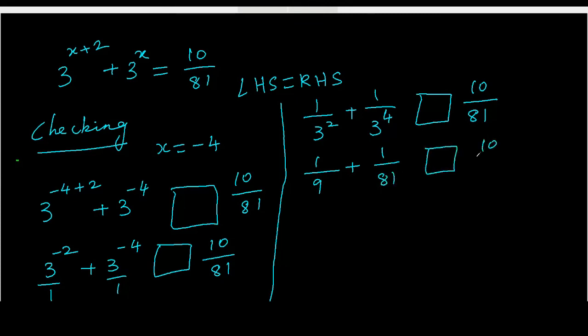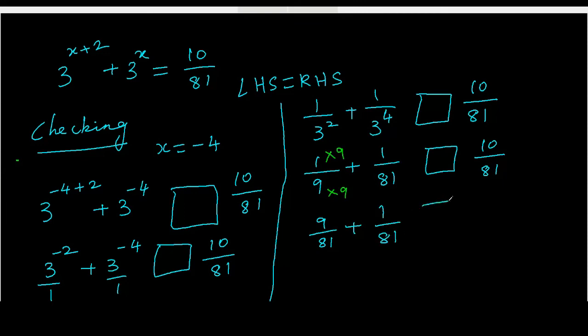So we know how to add two fractions with different denominators. We will try to make both of them the same denominator by doing some multiplication or division. In this case, multiplying the first fraction will give you 81 as the same denominator. So 1 over 9 can also be written as 9 over 81, because 9 nines are 81.